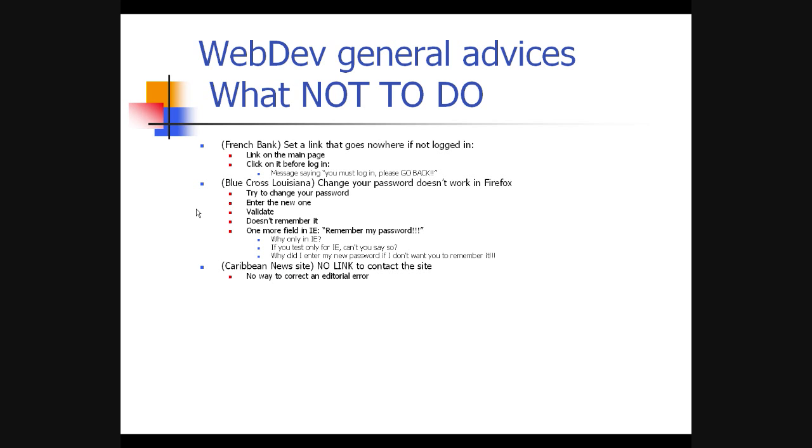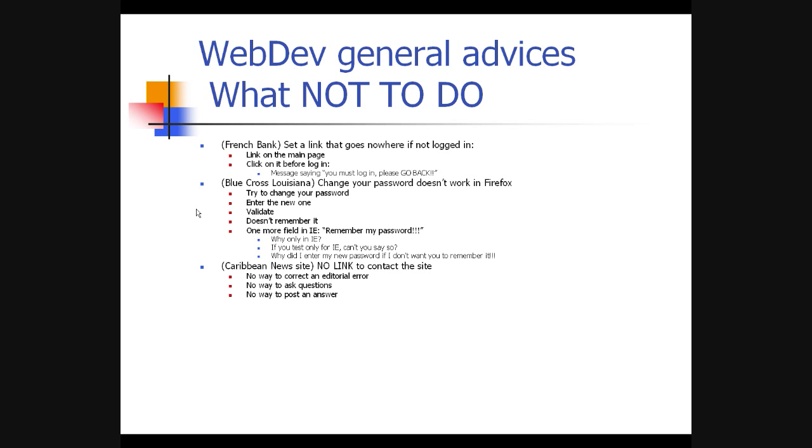Well, there is no way to correct an editorial error. If you see something on the website that talks about you, says horrible things about you, you have no way to answer them. You cannot contact the people. There's no way to ask questions. If you see something that is important and you want to ask them a question, absolutely no way.